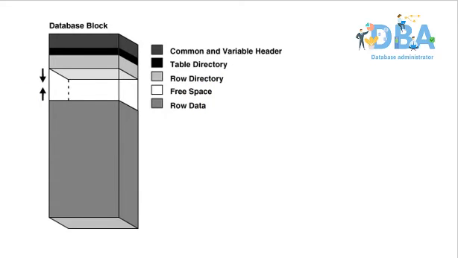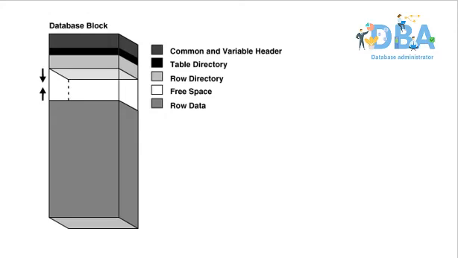This is the entire database, and we know a database can contain multiple table spaces, and at the end of the storage structure there is the data block where the actual data is stored. The common and variable header contains the general block information, such as the block address and the type of segment, for example whether the segment is a data or an index segment.